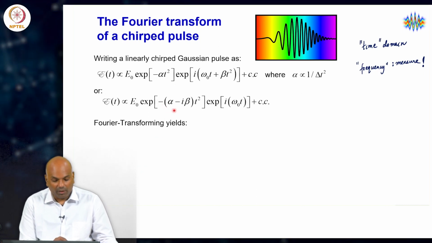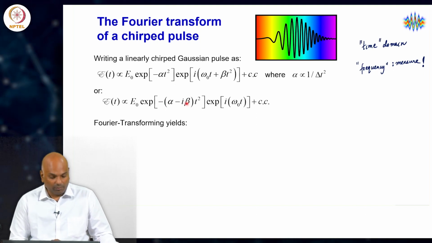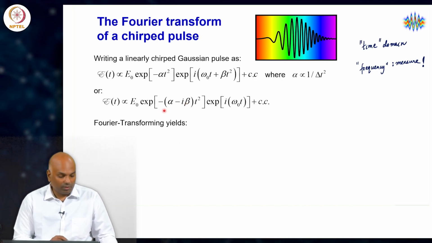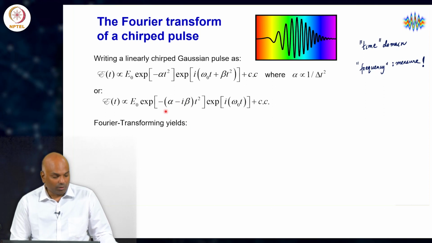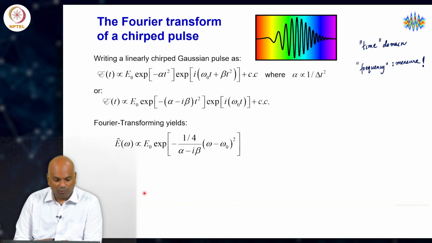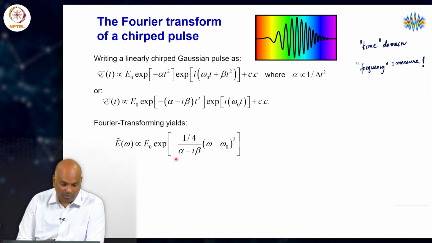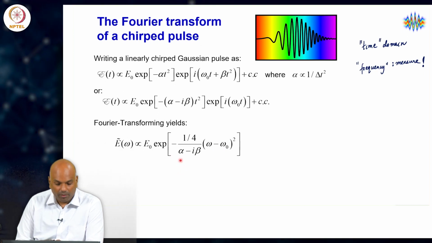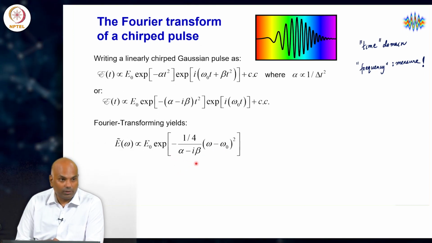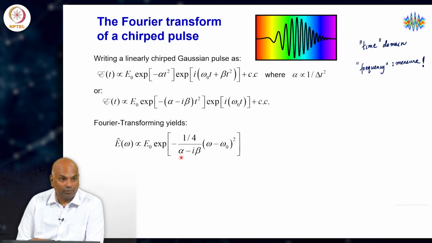This is now a Gaussian function with a complex prefactor to it. The prefactor is not necessarily a real number, it is a complex number. So, this turns out to have a Fourier transform of the following type.